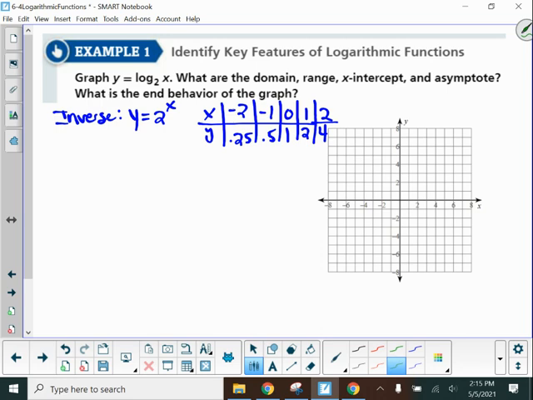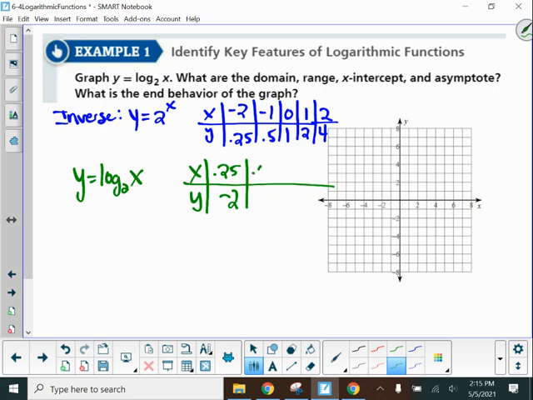So now if I look at my log, because that's the inverse, the table for that is going to be all of those points reversed. So I have 0.25 and -2, I have 0.5 and -1, I have 1 and 0, I have 2 and 1, and I have 4 and 2.